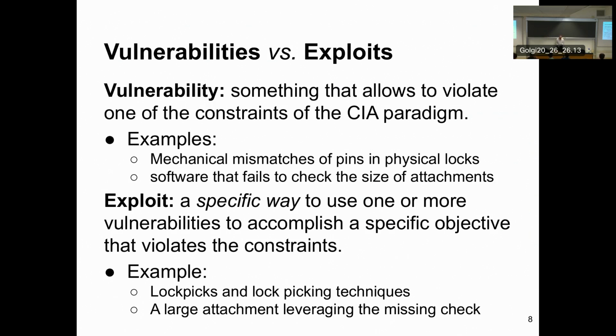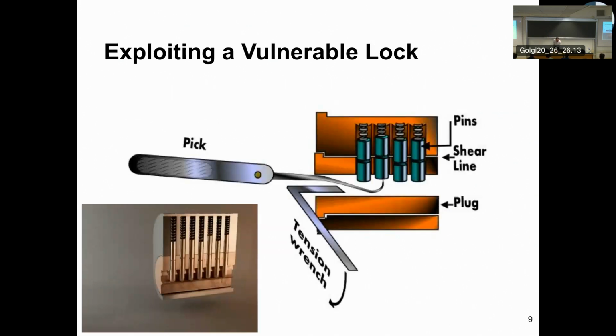Okay, typical cases, and a picture is worth 1,000 words: physical locks, such as the one on this glass. You are all familiar with physical locks, I do hope. You use keys.